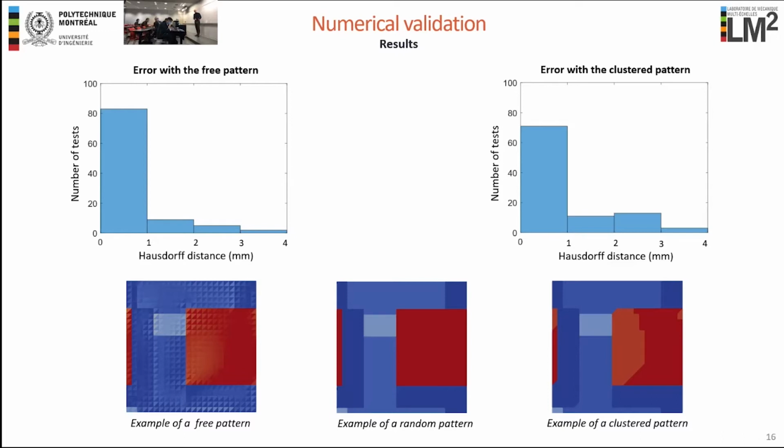This was not correctly classified with respect to the random pattern that was supposed to be reproduced. However, this influence is very mild, because the error stays in the range of 4 millimeters, and it even stays in the range of 1 millimeter for more than 70 cases out of 100.